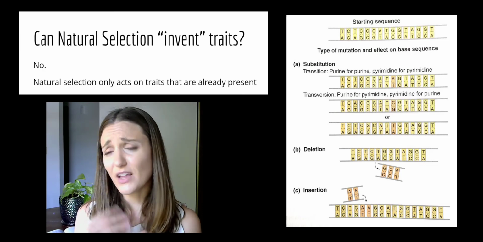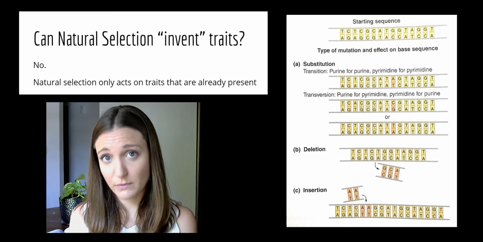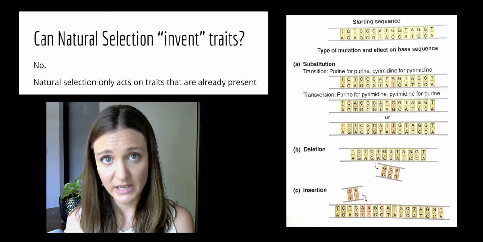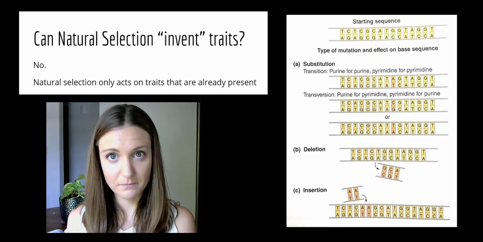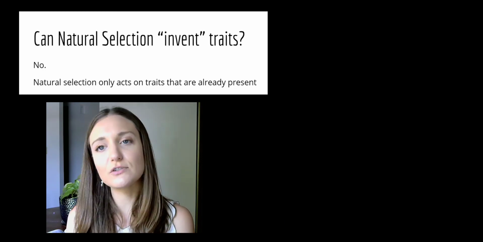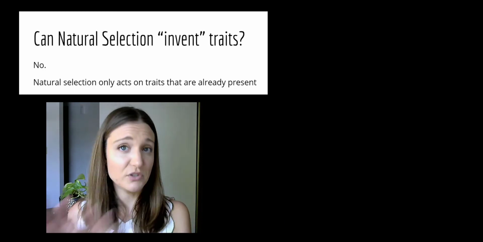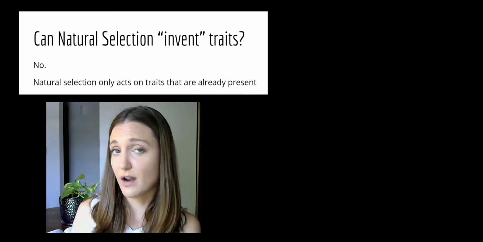That process is random. The generation of variation is random. Mutation, one of the main drivers of new traits, is totally random. Natural selection does not cause mutations to occur. All natural selection does is determine which mutations, which new traits or characteristics, are favorable or not favorable in an environment.